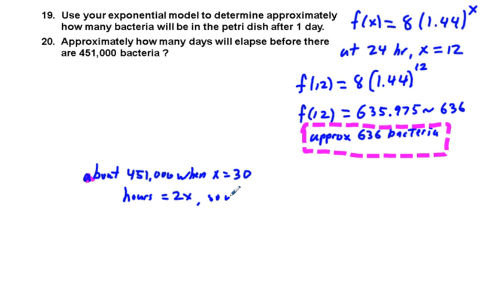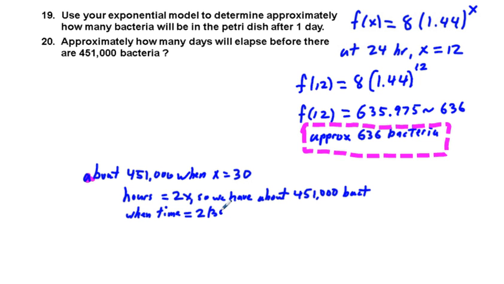So we have about 451,000 bacteria when time equals 2 times 30, equals 60 hours from the beginning.